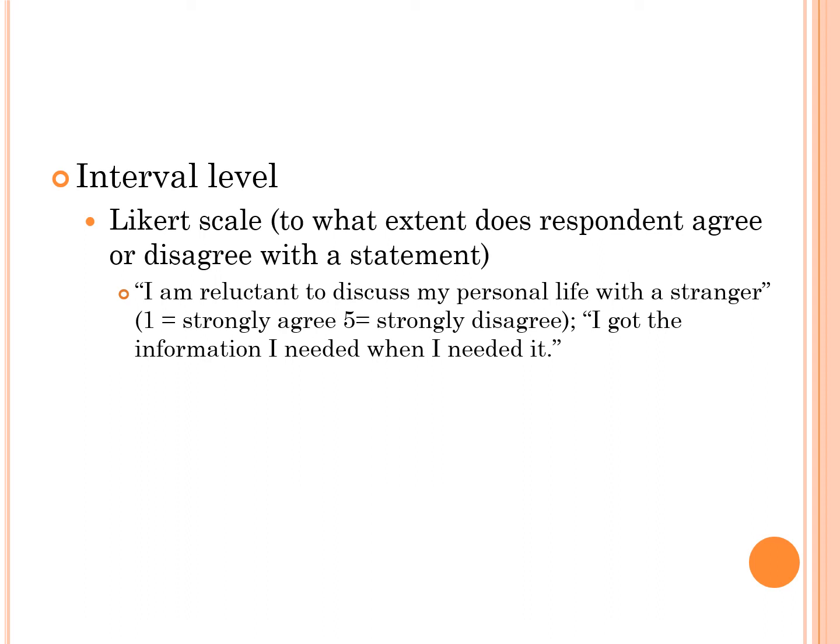Or, I got the information I needed when I needed it. Again, strongly agree, all the way down to strongly disagree. These are the Likert scales. These are the ones where you're given a statement and then a set of response options with regard to how you feel about that statement.